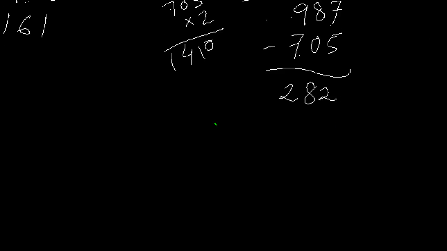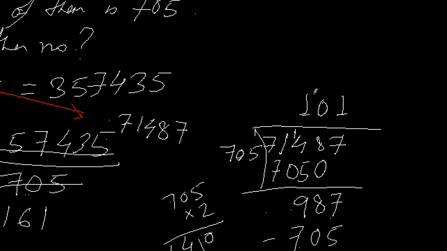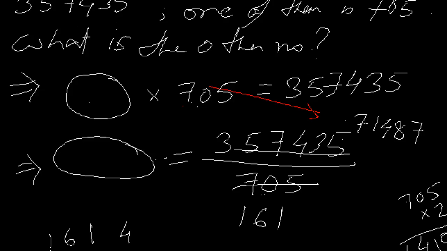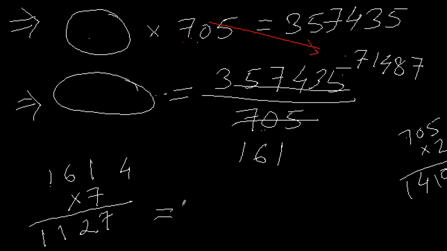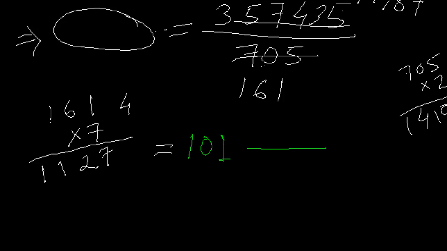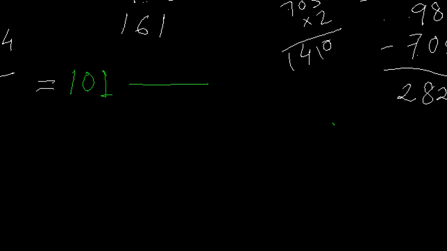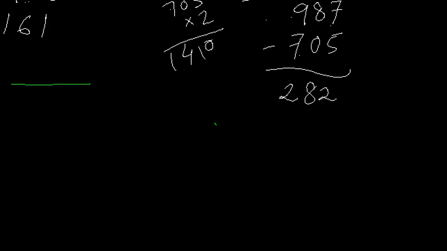We have got 282 as remainder, but what's the quotient? 101. I have got the unknown number as 101 whole, and I have got remainder as 282.